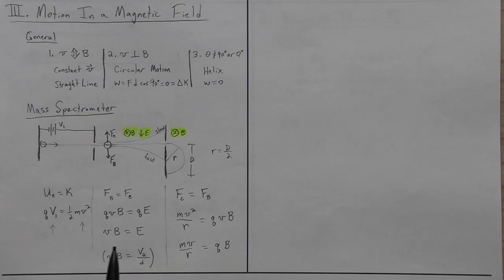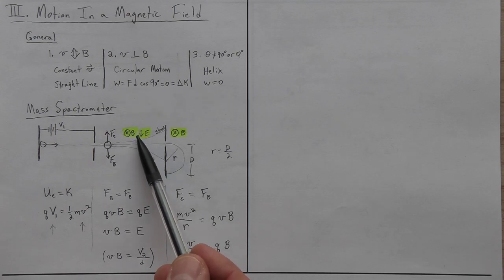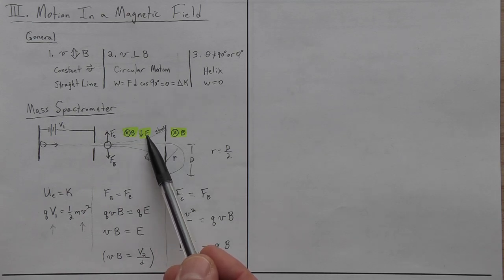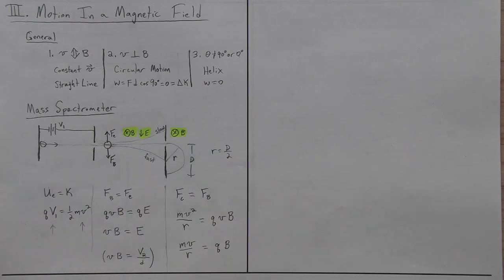So we could figure out the velocity by setting QVB sine 90 equal to QE, magnetic force equal to electric force. And then the charge of the particle goes away, and we've got an expression. So by altering these fields, we can pick different velocities. We could alter the fields with electric currents for the magnetic field, or voltage with a couple of plates, varying the electric field with a power supply.